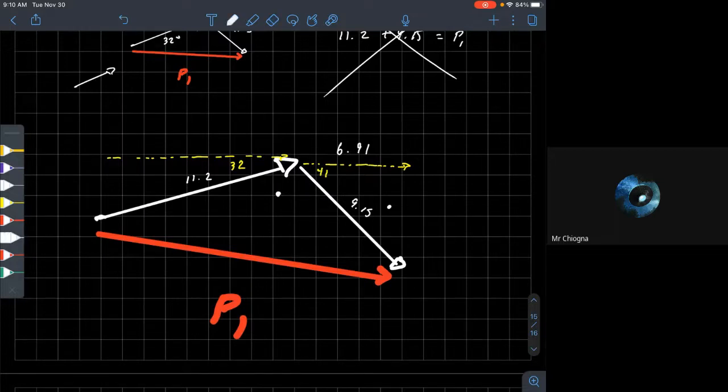What about this component here? 11.2 times the cosine of what? Sorry, 32, which is 9.5. I'm going to erase it. It's getting too messy.